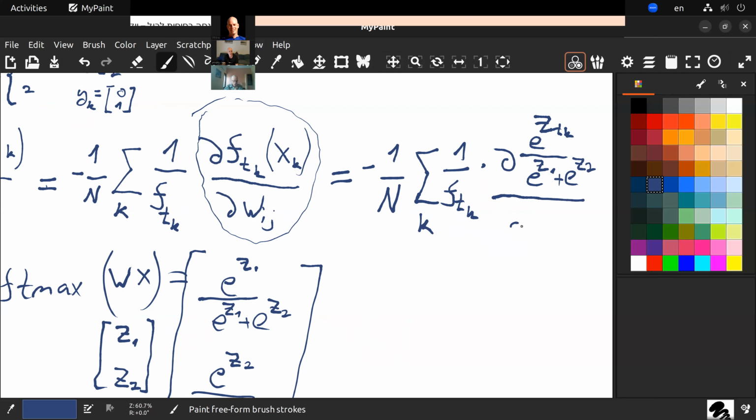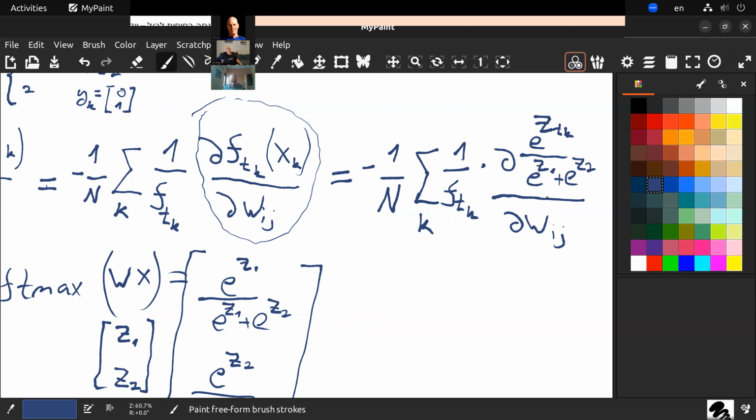Okay, so this is another step. What will be the next step? I won't write it down, but we need to. I'm confused. Z is this FW, right? Only the one coordinate. Z is wx. But tk is just the tk coordinate. tk is the coordinate of which y is non-zero. Y is 1. Yes.